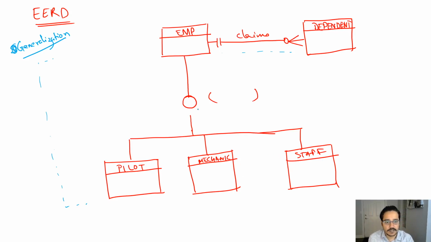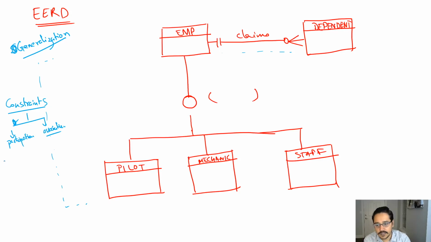And then we will complete the overall EERD by talking about 3 different components that complete the design process. The first one is basically the constraint, and then the participation. There are 2 constraints. One is the participation constraint, and the other one is the association constraint. How is it associated to the different entities?